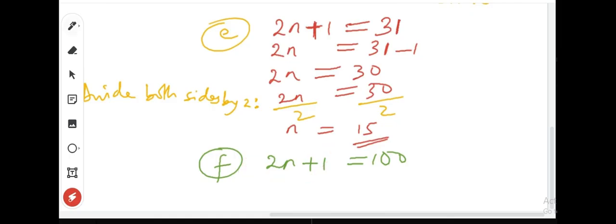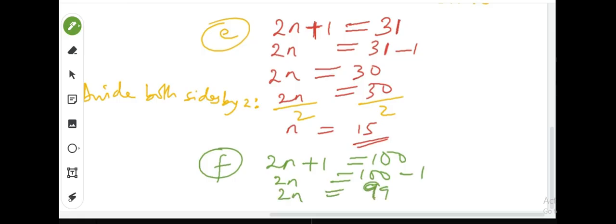Let's solve it. 2n plus 1 crosses over to the right hand side and becomes 100 minus 1. So 2n is equal to 99. When we divide both sides by 2, n will be equal to 49.5.